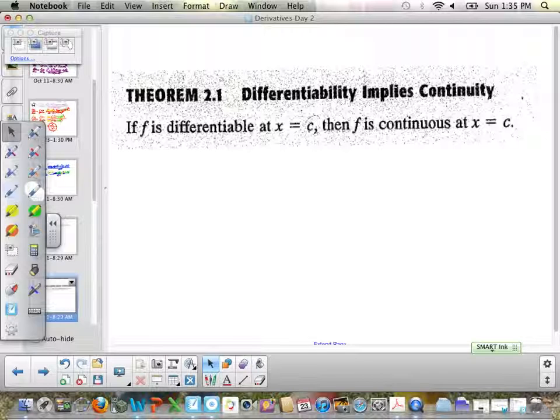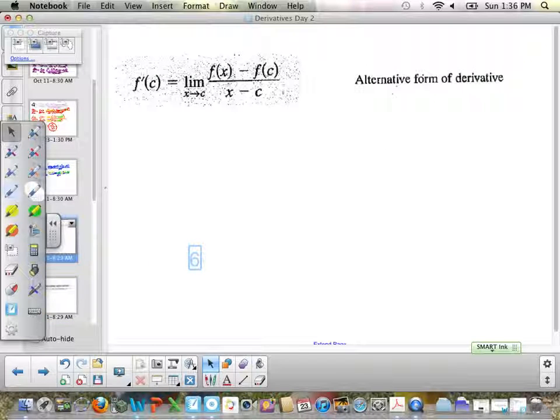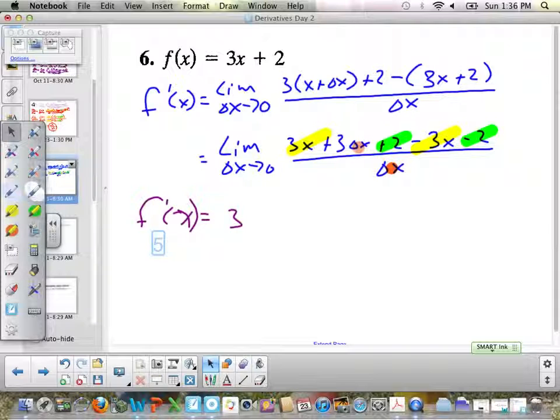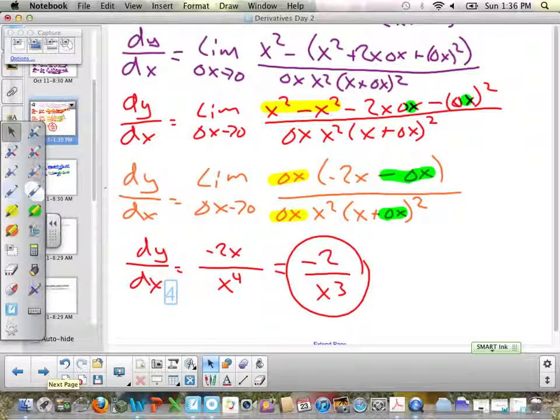Some theorems, definitions, properties of derivatives. If a function is differentiable, that implies continuity. Meaning, if you found a value of the derivative at a point, it's continuous at that point. So we can go back and look at this one right here. Here's our derivative.